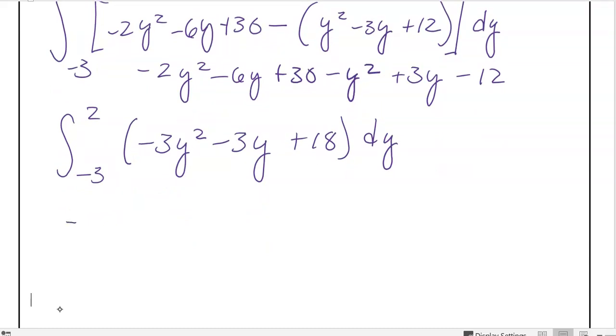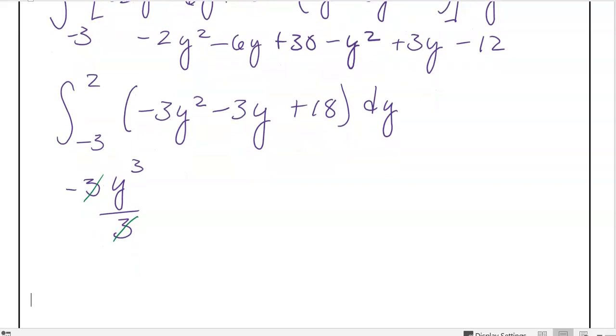This would give me negative 3 y to the third divided by 3. This will result in cancellation of the 3's, but the negative will remain. This will give me a negative y cubed at the next step. For the center part of the integrand, I will integrate using the antiderivative of y squared divided by 2.